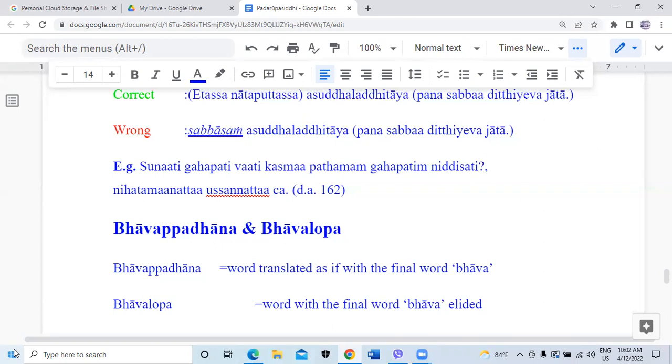Yeah, this one, Bhavasamana, Tadasamana, is complicated. Okay, this is also an exception to the rule.